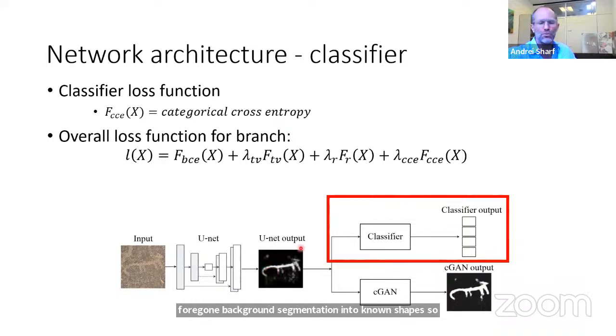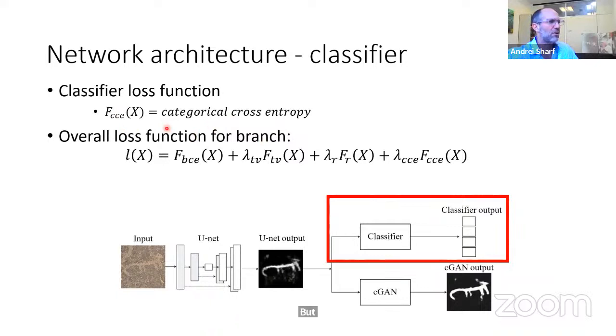So it's not enough to give here a mask. The mask should be good in terms of its classification. So we have here classes, and I will talk about the classes soon. And we have a class cross entropy loss, which we add to the overall loss of the network.